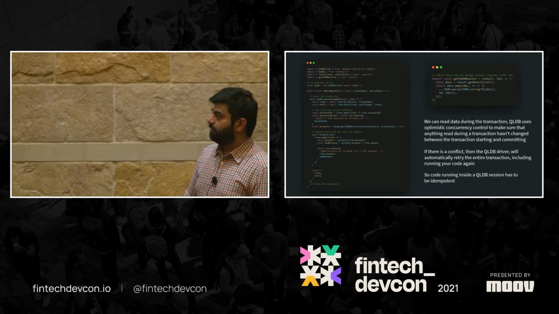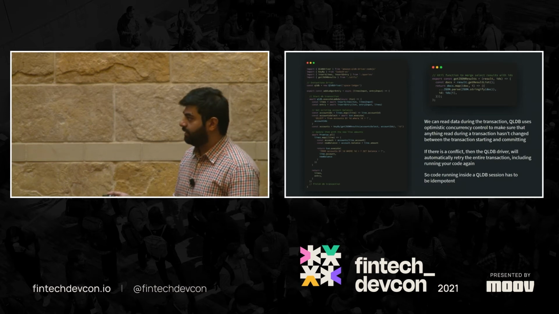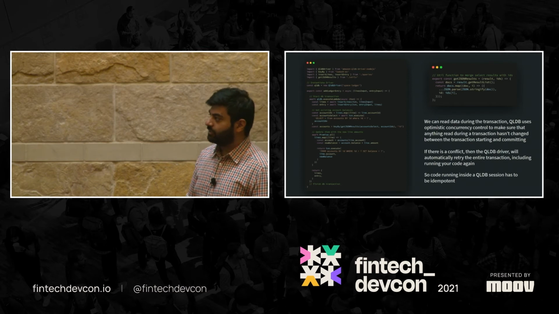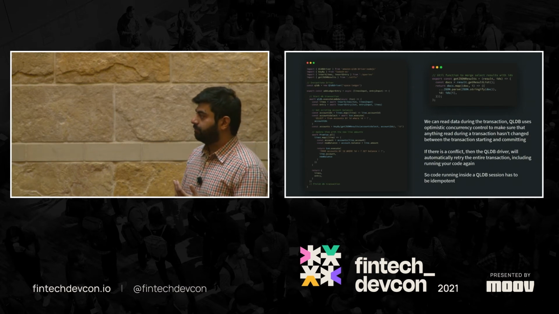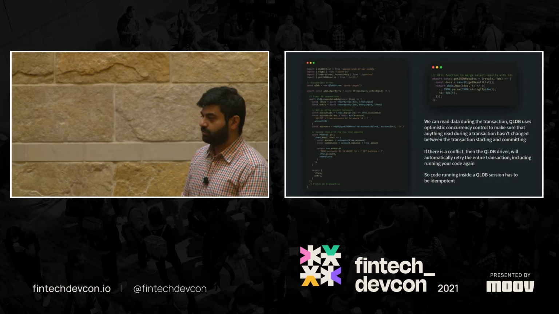So if you get to this point and you're updating the balance, and in between you reading and you writing, someone has updated the balance, it will cancel the transaction and then automatically start retrying from here. So then when you reread those balances, it'll get the new updated balances and set the balances correctly.